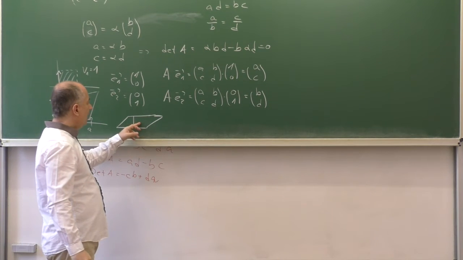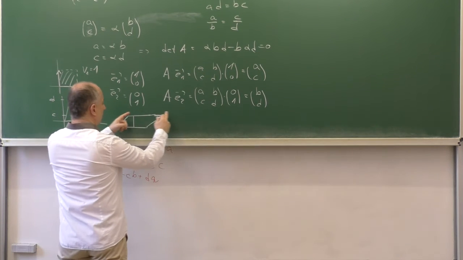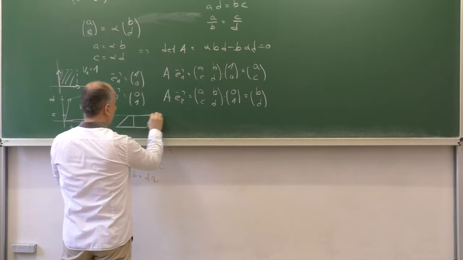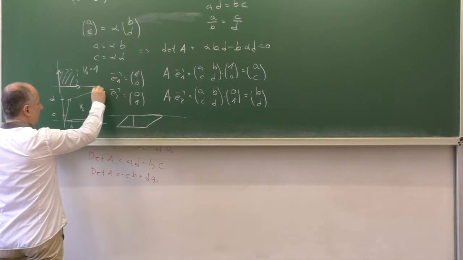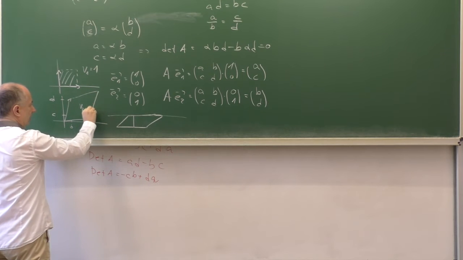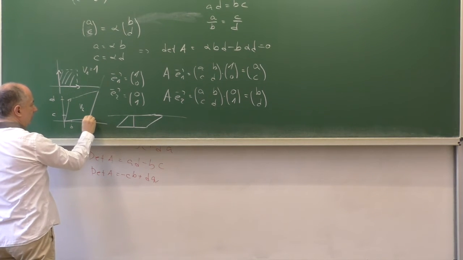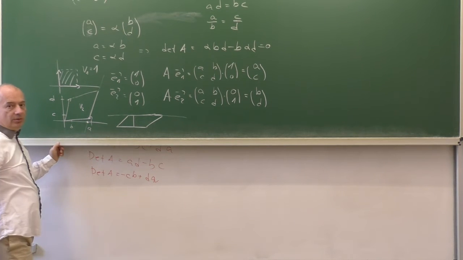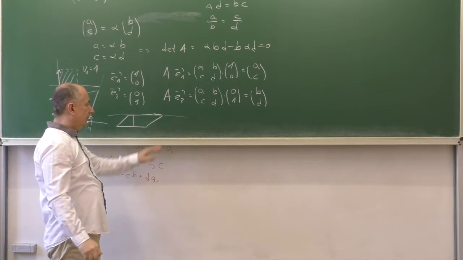And the area does not change if you shift one side along this line. So if we shift this side along this line so that this point comes to the axis, then it will be easy to find the area.